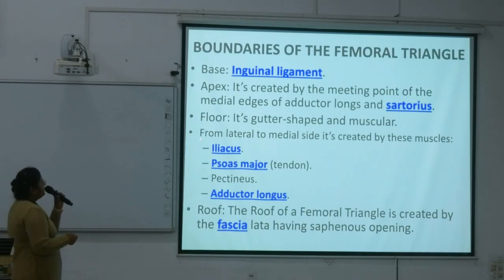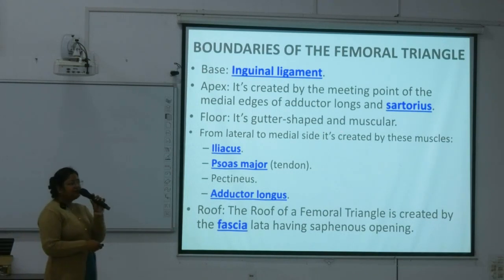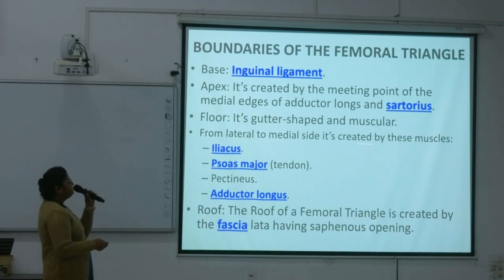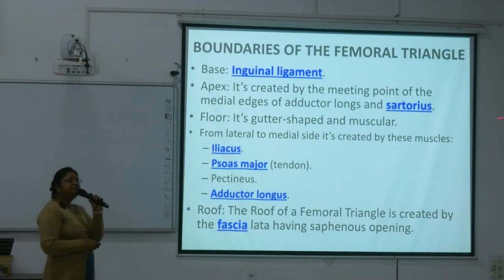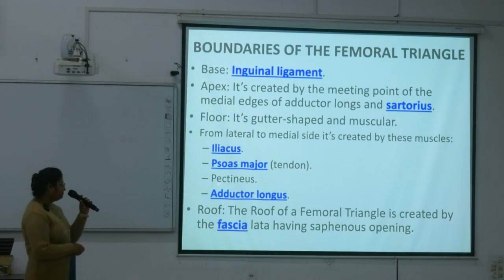The floor is gutter shaped and muscular. From lateral to medial, the muscles are iliacus, tendon of the psoas major, pectineus and adductor longus. Adductor longus is taking part in formation of the floor and also its medial border is forming the medial boundary of the femoral triangle. Okay, that is important.